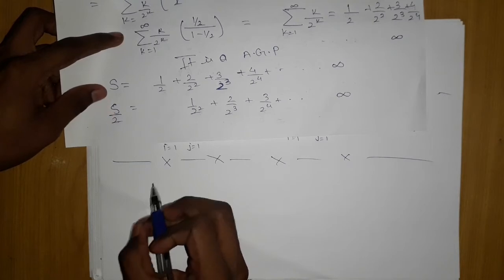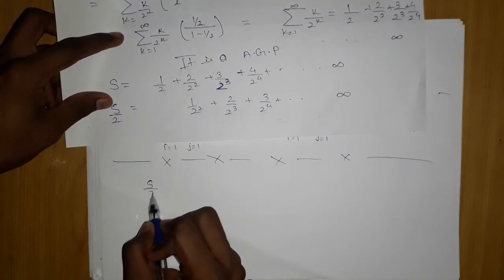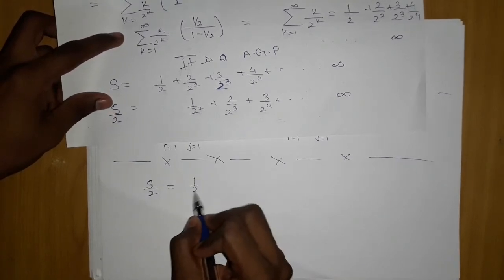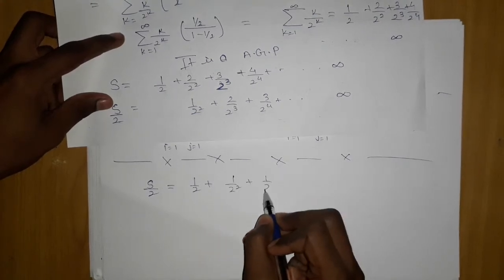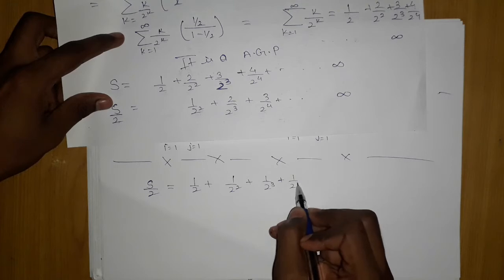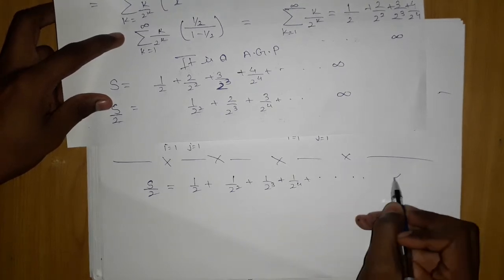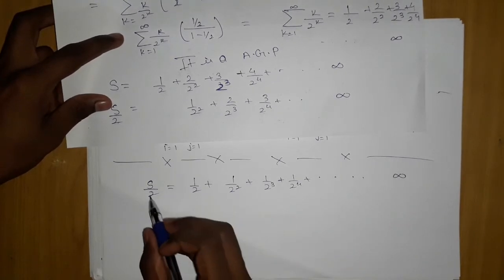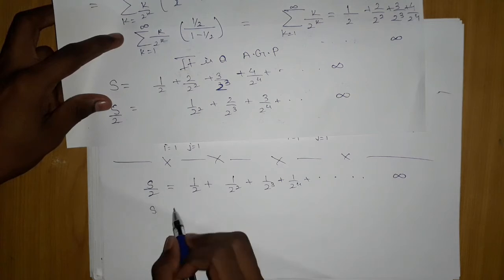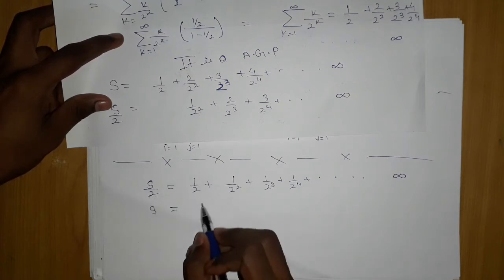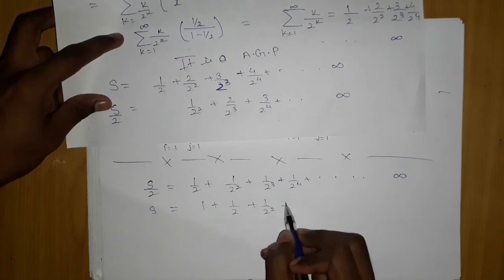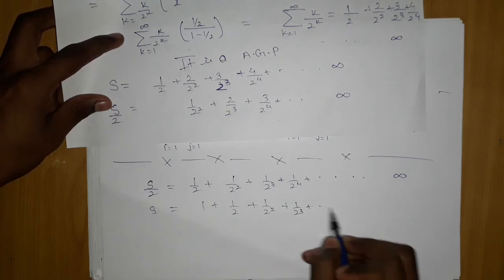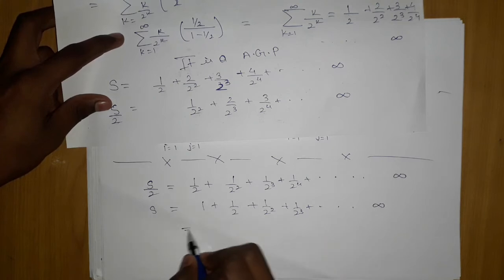Now here S minus S by 2 is nothing but S by 2, and here 1 by 2 will come down as it is. This will be subtracted: 1 upon 2 square, 1 upon 2 cube, 1 upon 2 power 4, and so on till infinity. Now if I divide by this, the 2 will cancel out. Now can I get this sum?